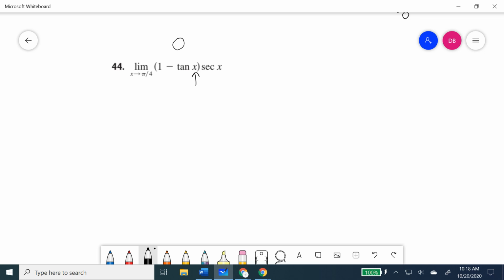Secant is cosine's reciprocal. And what is cosine at pi over 4? Cosine at pi over 4 is root 2 over 2. So this is actually a real number. That means that this is 0.